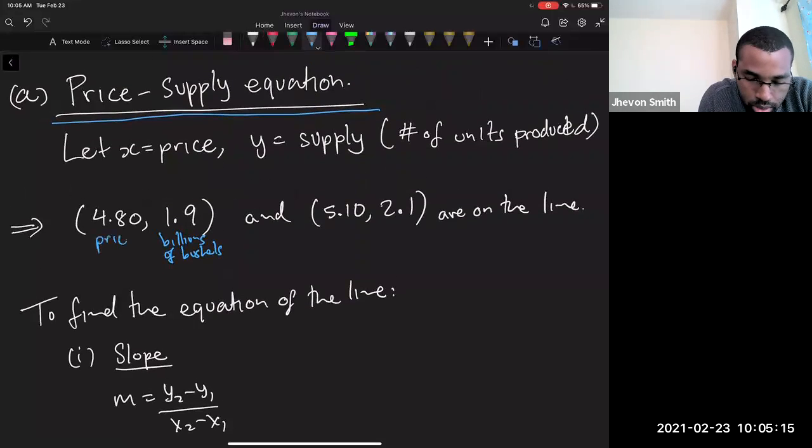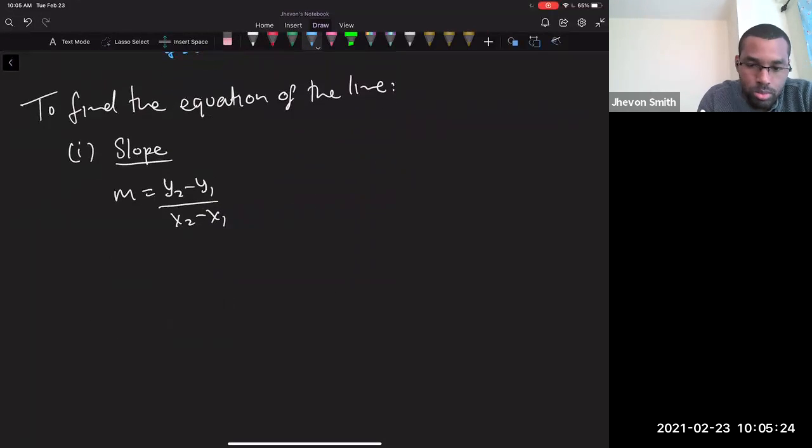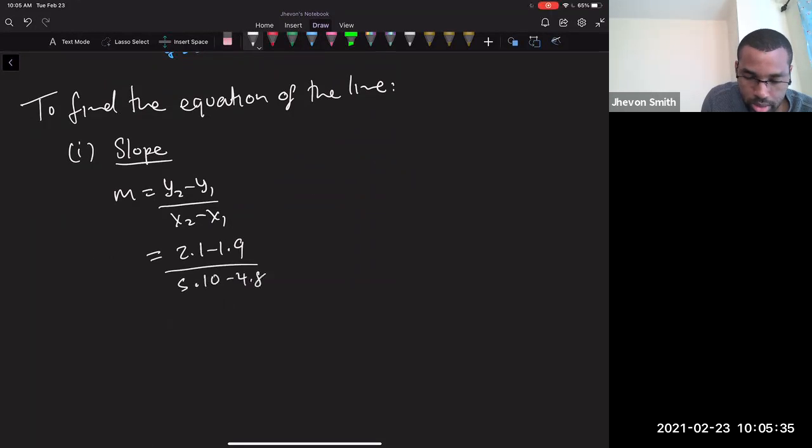This was the price. Let's call this x1, y1, call this x2, y2. Right? And so I'm going to plug in those numbers. So that would give me 2.1 minus 1.9 divided by 5.1 minus 4.8. That ends up being 2/3. That would be the slope.